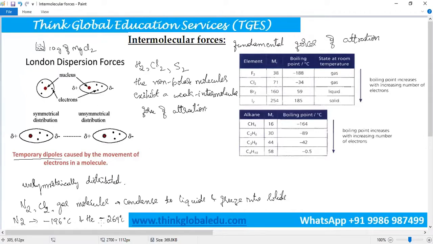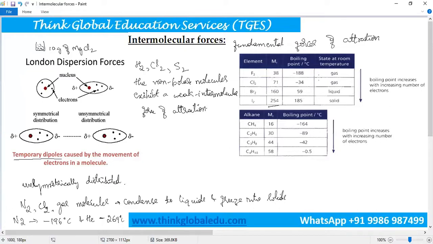The physical properties of the elements can also be explained by means of the London dispersion forces. As we can see in the table over here, London dispersion forces will be increased in the molecules with increase in the molecular mass or atomic weight due to the increase in the number of electrons.